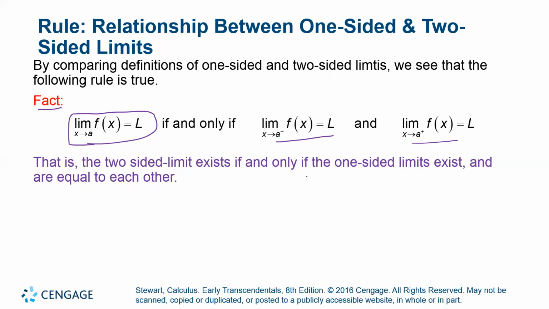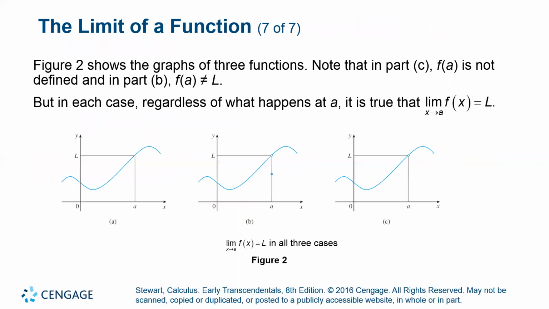Okay, so let's consider this diagram. These figures show that in part C, it's not defined. In part B, the function value when x is equal to a is not defined.